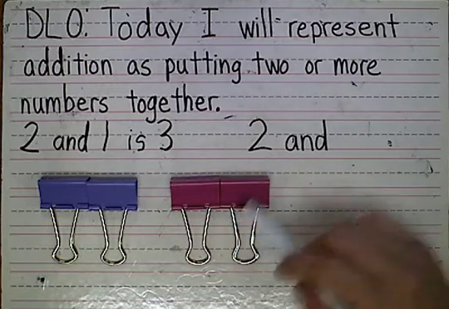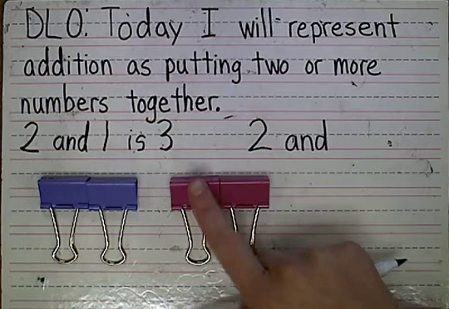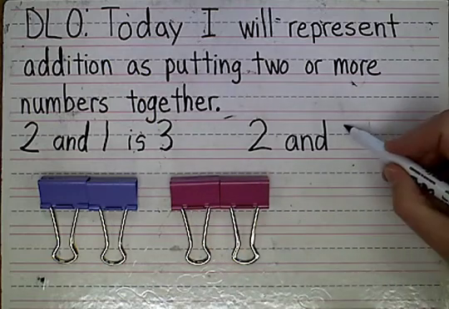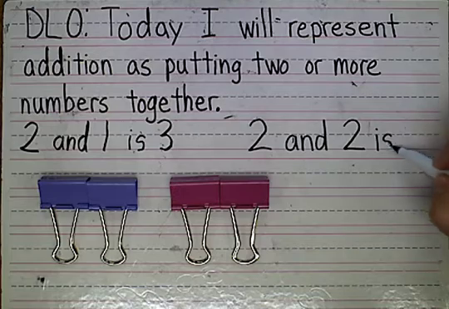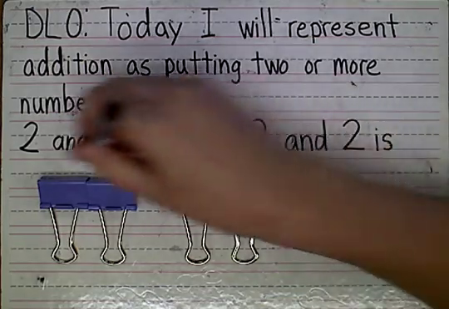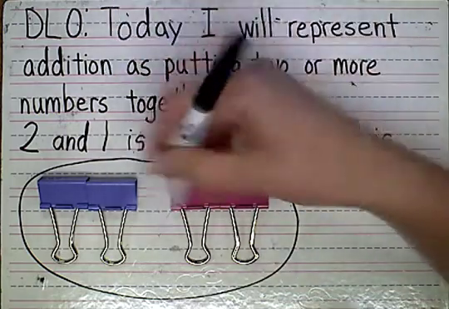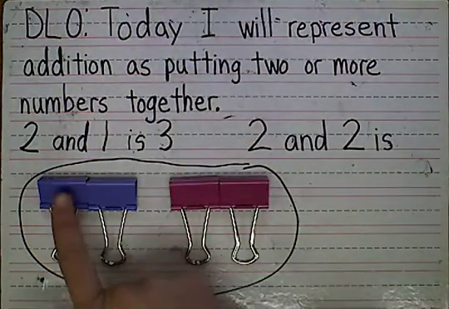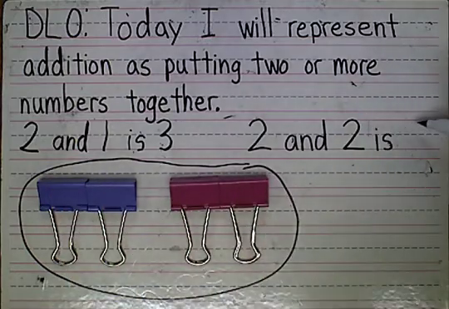How many pink ones? 2 purple and how many pink? Let's count. 1, 2. Candy cane foot is 2 and 2 is what? We're going to count them all together and find the number that means all together. Let's count. 1, 2, 3, 4.